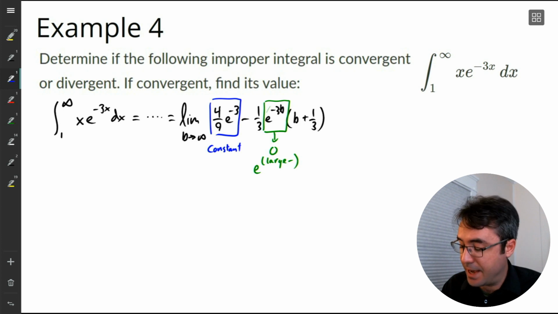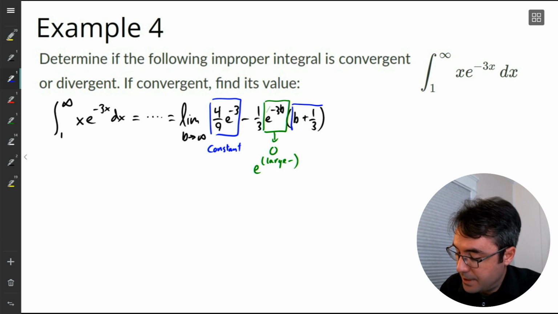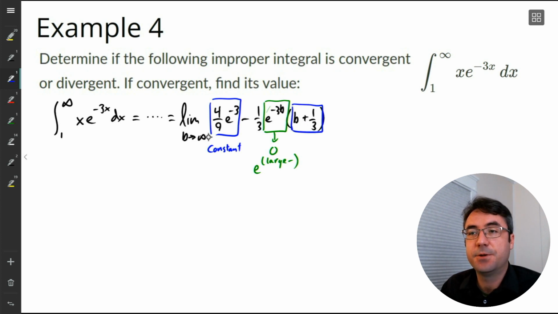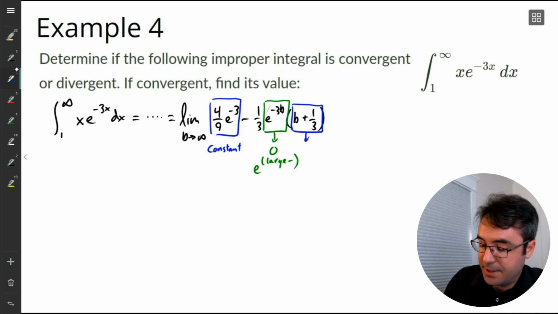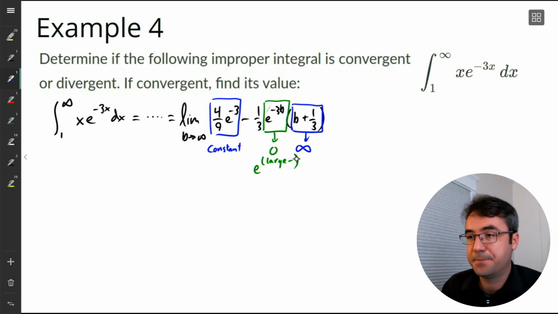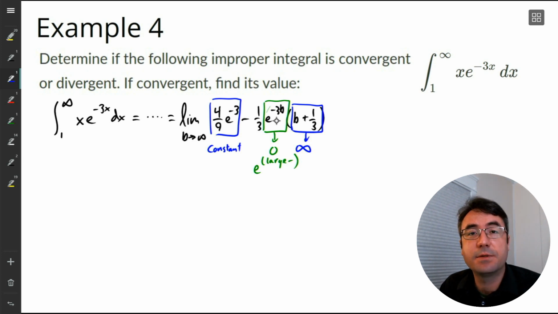What's going to happen with that? Well, b is getting really large positive, and if we add 1/3 to a really large positive number, we get something that's also really big. So this is going to infinity. So what we have here is something that's getting really close to 0, times something that's getting really large positive. And so this is an indeterminate form.